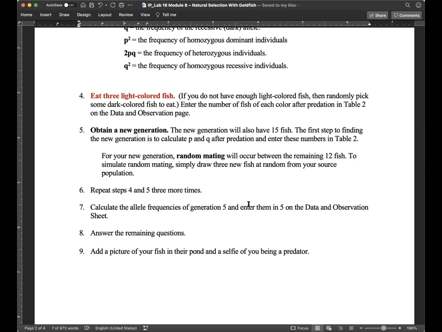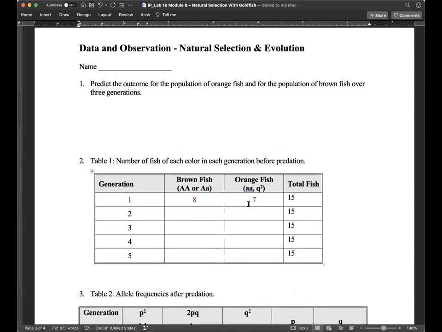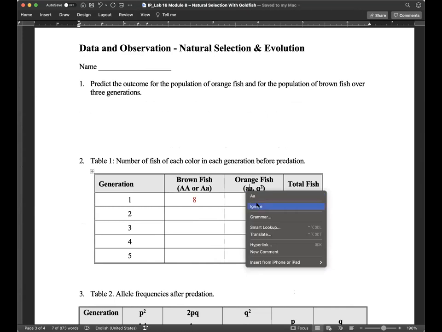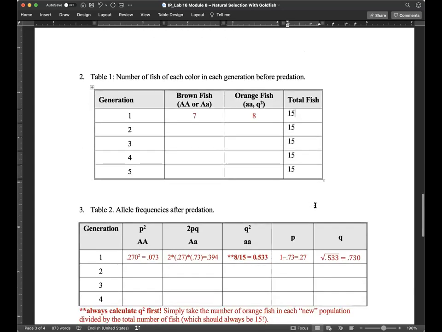So I would just suggest what I had everybody do in class: start with 8 orange goldfish, or whatever your recessive is. Let me change this really quick. I already wrote out your first line of math here for you.